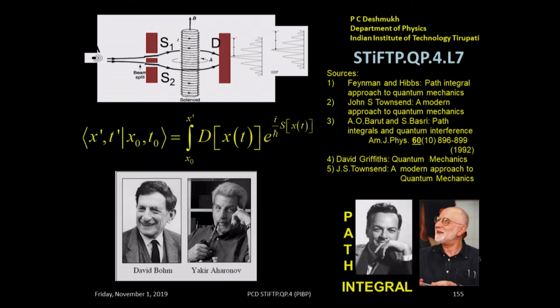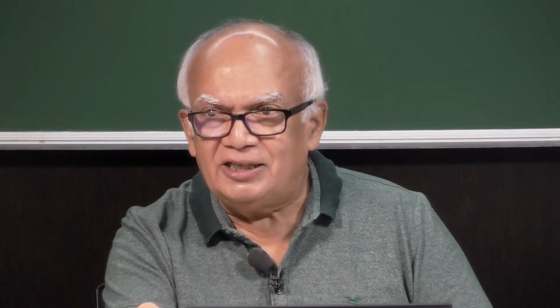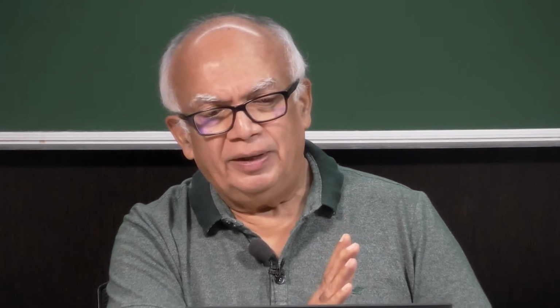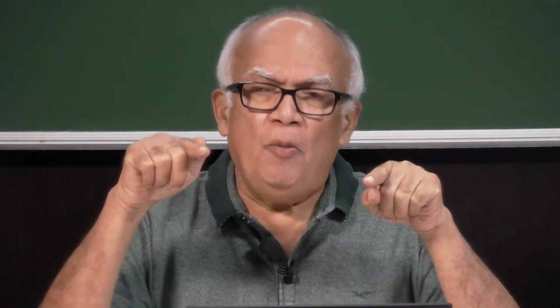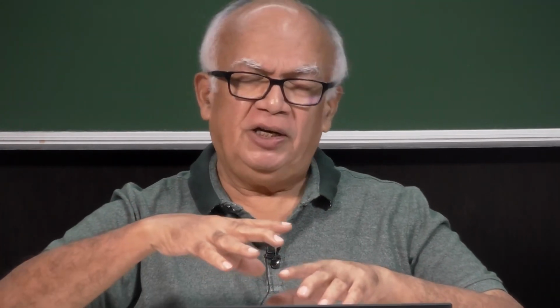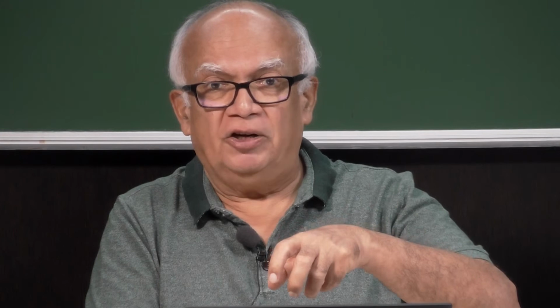But if you keep a solenoid right behind the slit, not in the middle between the entrance slit and the detector, but right behind the double slit S1 and S2, then the two electrons which are streaming in from the two slits go past the solenoid, and the solenoid is, as we described it yesterday, not only long but very, very long, so that all the magnetic field is completely inside the solenoid. There is no B outside the solenoid, and the particles are going around it.